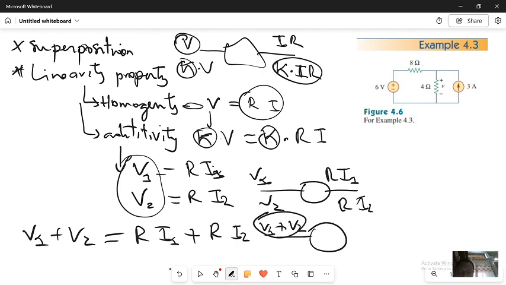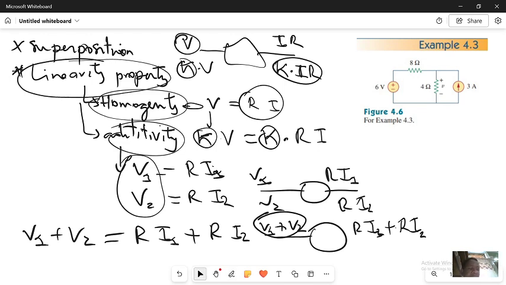The summation of these two inputs has to be equal to the summation of the outputs. If these two properties, homogeneity and additivity, are verified, it means the element verifies the linearity property.